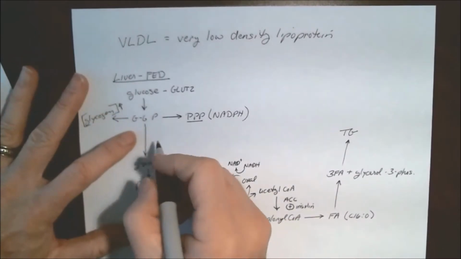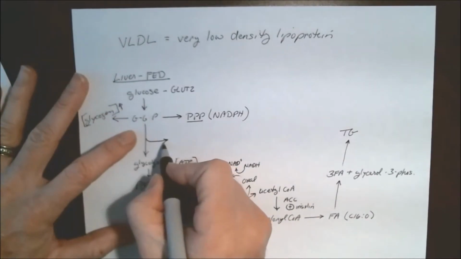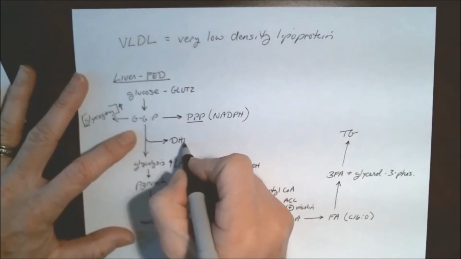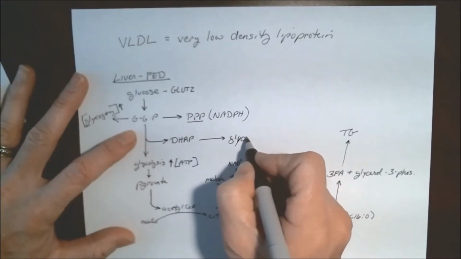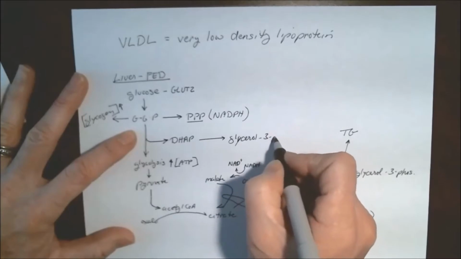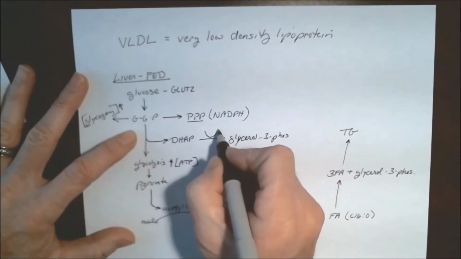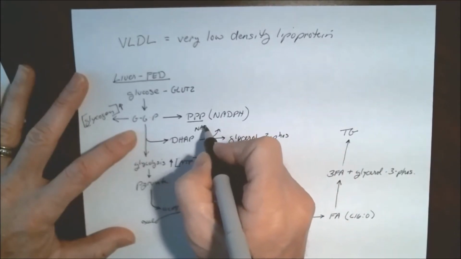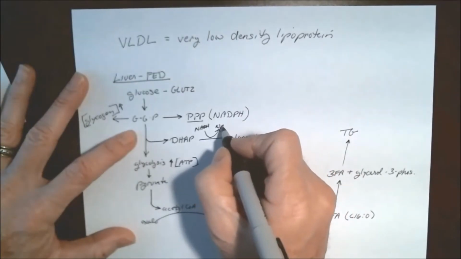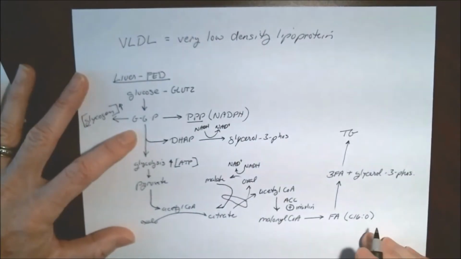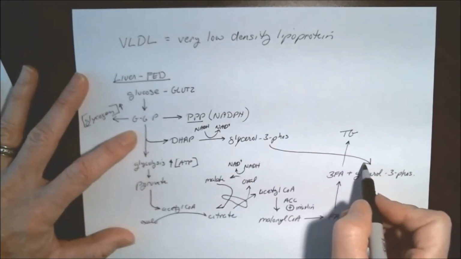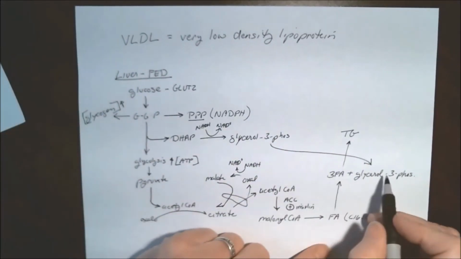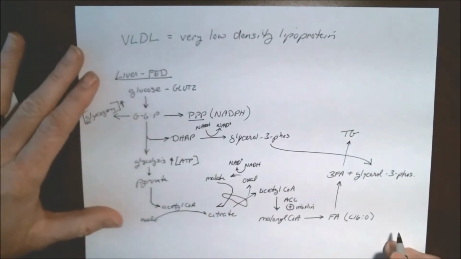Recall that in the glycolytic pathway, we will be converting DHAP to glycerol 3-phosphate by a redox reaction using NADH. And then this glycerol 3-phosphate is represented here in the triglyceride synthesis pathway.